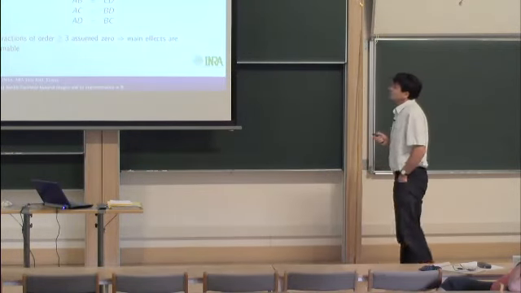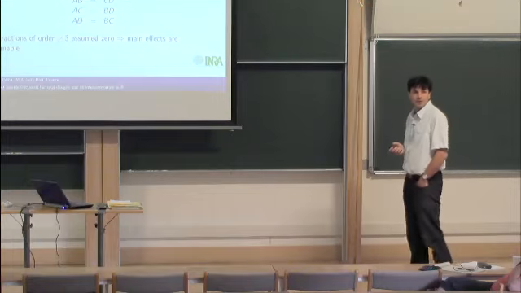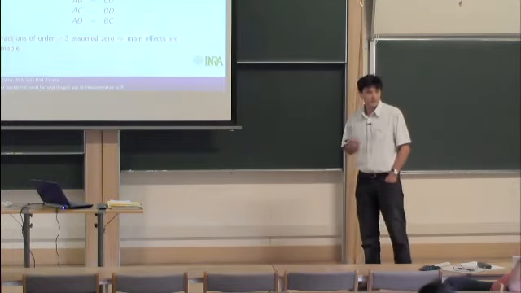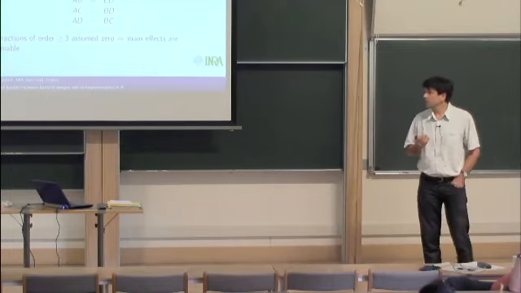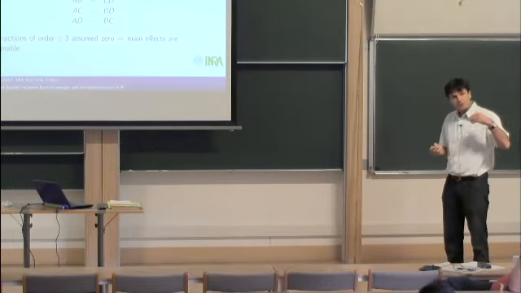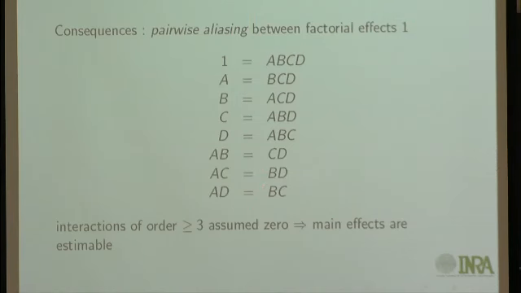The important idea to keep in mind here is that all the properties below can be deduced from the first line. What's important in a regular fraction is to know which effects are confounded with the mean. Because there is a cyclic group structure behind, all the relationships below are deduced from the first one.